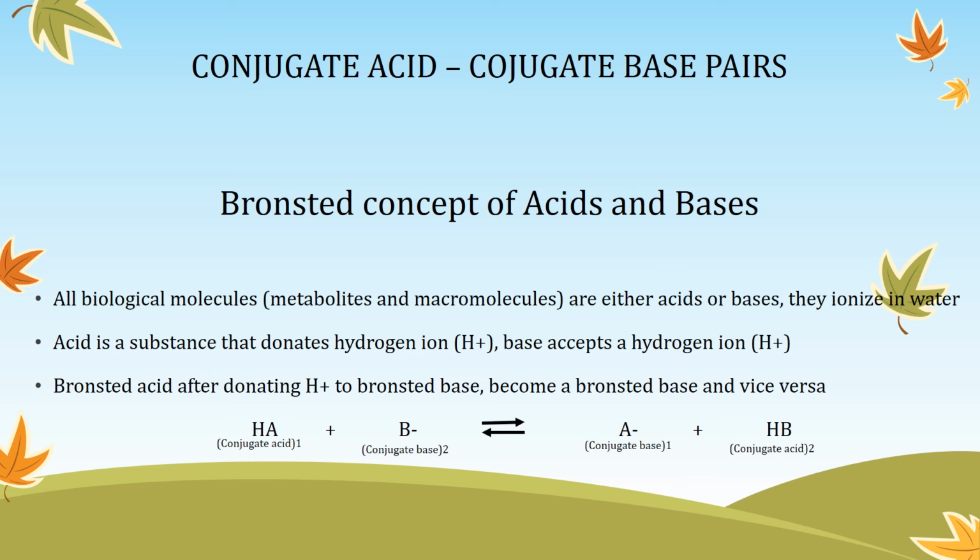So the acid donates a proton and becomes a conjugate base, and a base accepting a proton or hydrogen ion will become a conjugate acid. So if you see a reaction between an acid and a base, you can see a pair of conjugate acid and conjugate base.